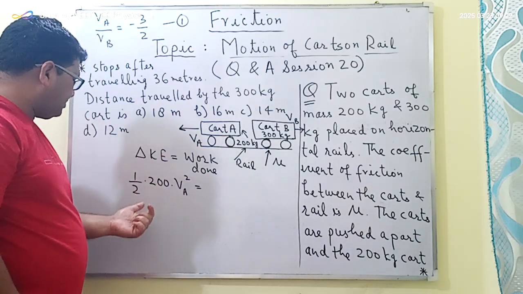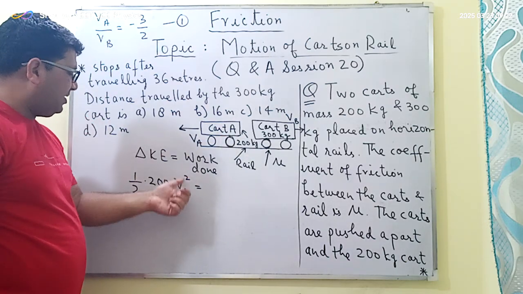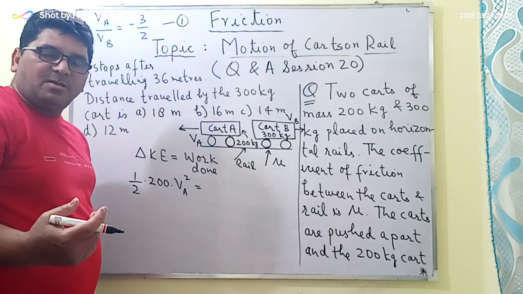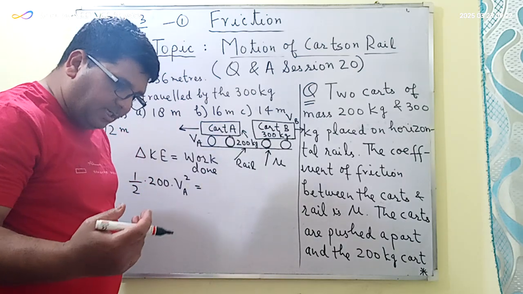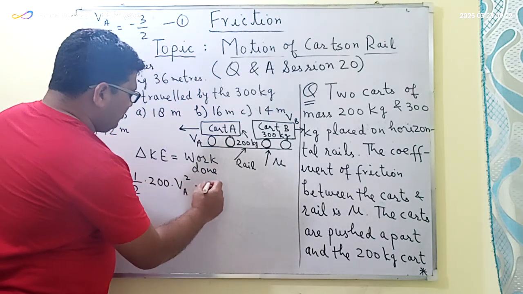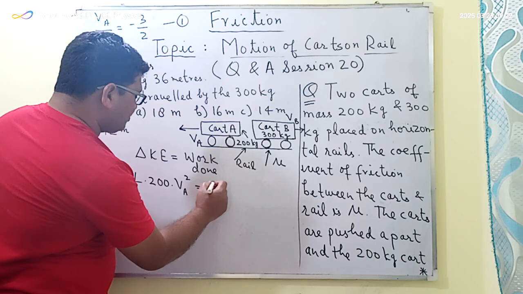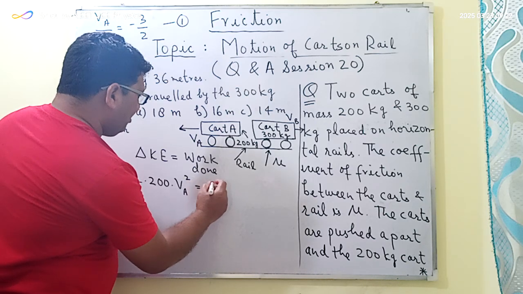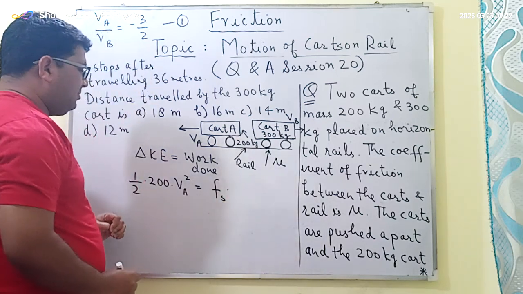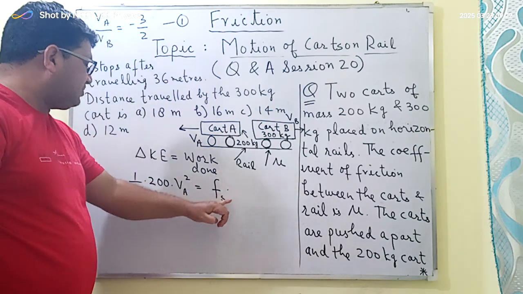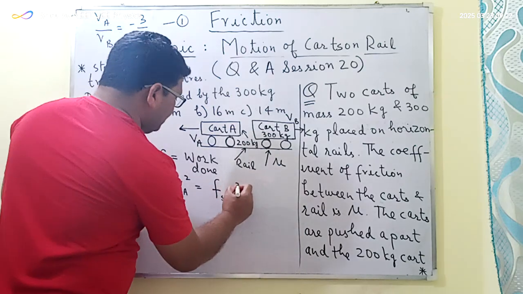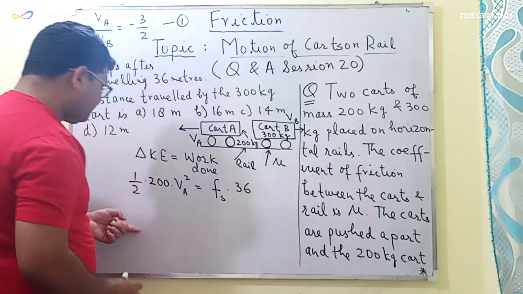This will be equal to the work done against the force of friction. Let the force of friction be FsA. Work done is equal to force of friction multiplied by the distance traveled, which is 36 meters.